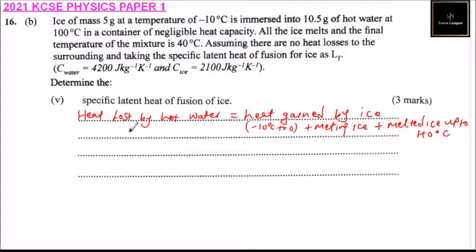So this means that we had calculated heat lost by water as 2,646 joules.